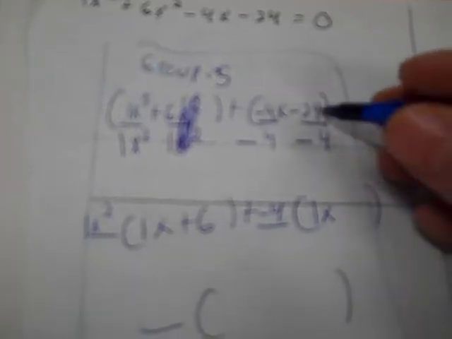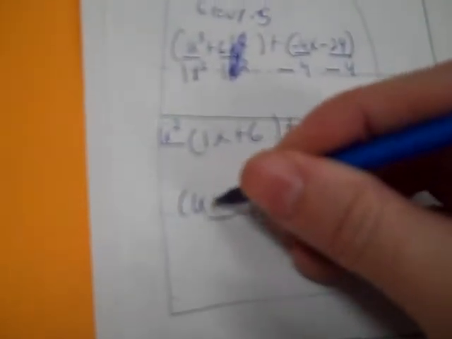Okay, so 1x to the second gets factored out, and then negative 4 gets factored out. Okay, so it's going to be 1, and that goes down to x, and the x's cancel here, leaving me with plus 6. And this is the same thing. That's 1x, and then minus changes to plus because I'm dividing by a negative. Okay, so I factor out the expression of the parentheses 1x plus 6.